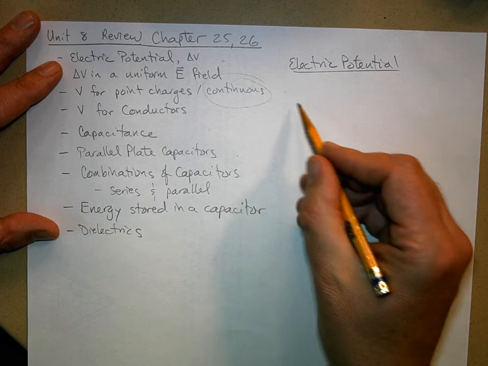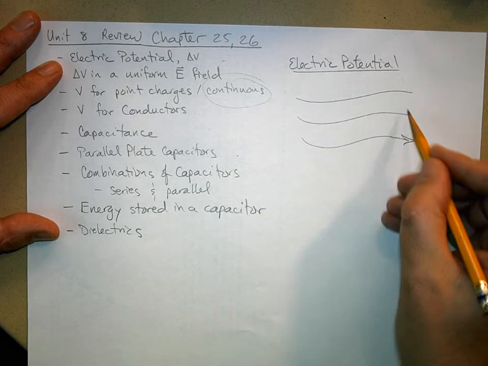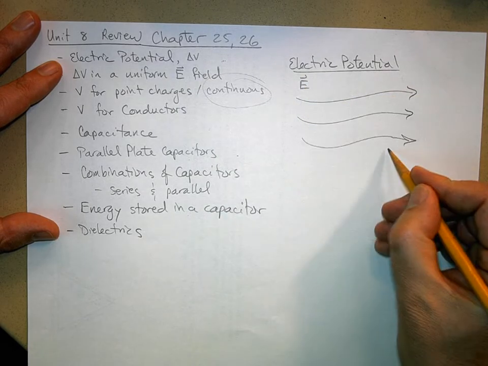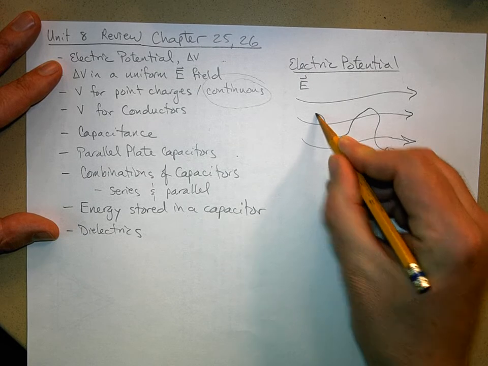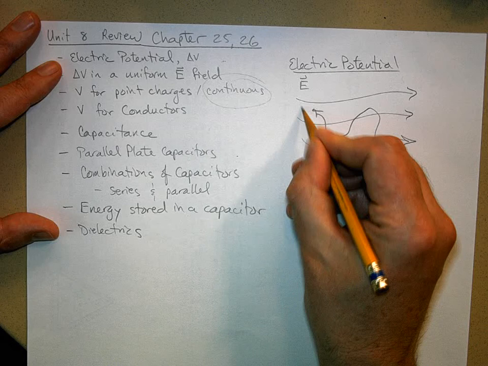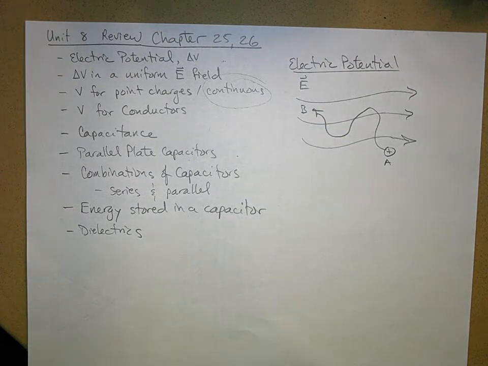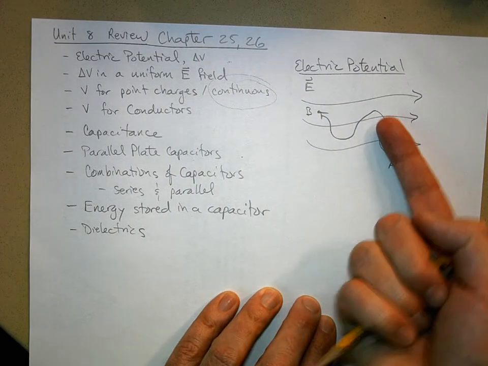See, if I've got some kind of electric field, okay, here's some E field, and I want to move a charged particle through that field, let's say from point A to point B. Now, some outside agent has to do work to move this thing through that electric field, right?